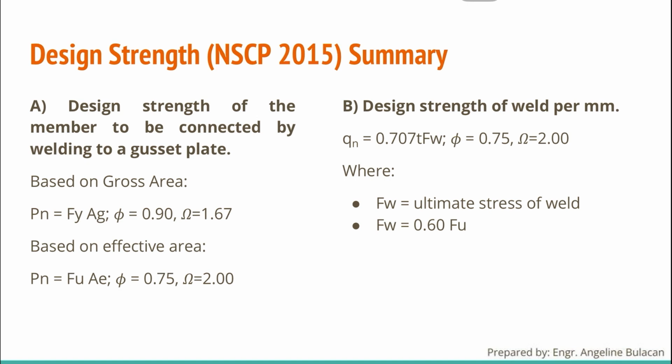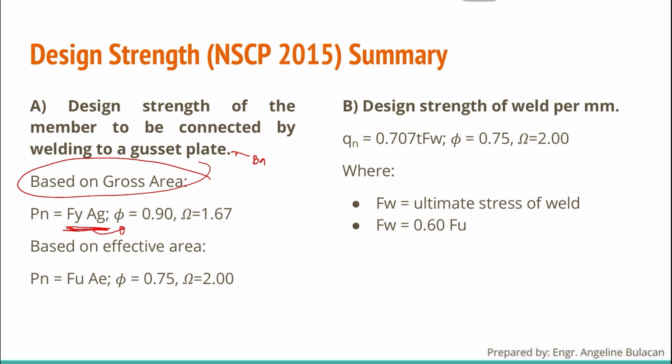When the design strength of the member to be connected by welding to a gusset plate is based on gross area, it means what we are getting here is the design strength of the base plate. Based on gross area, we use this formula: Fy times Ag. I know that you're already familiar with this one since we already discussed it in our prelims.